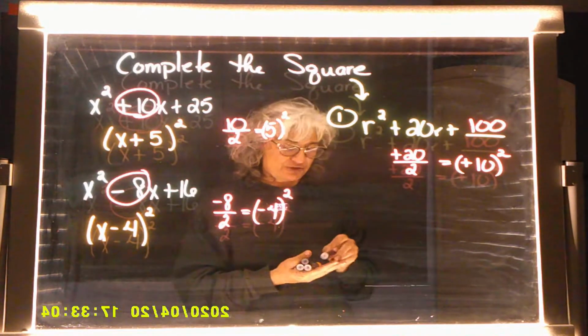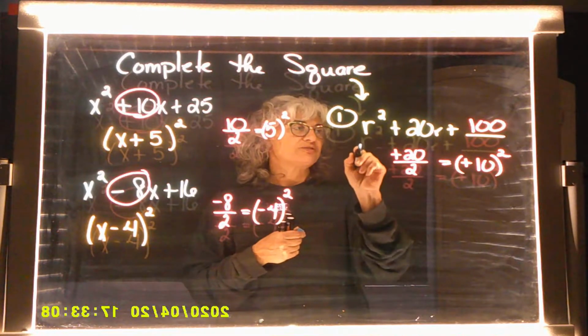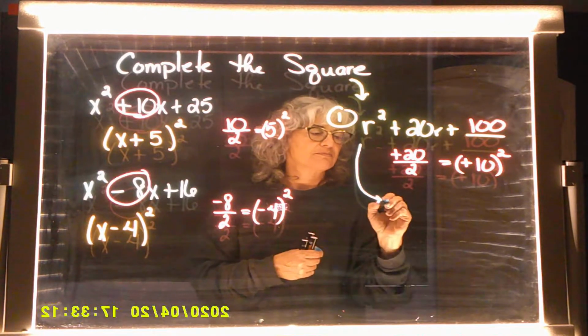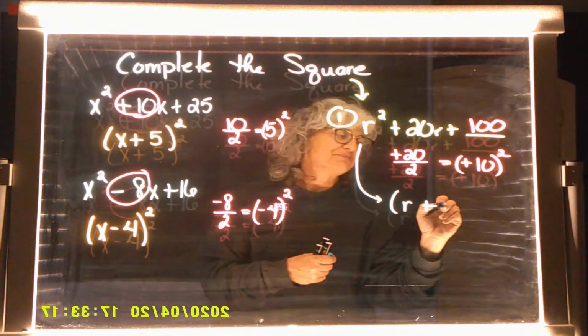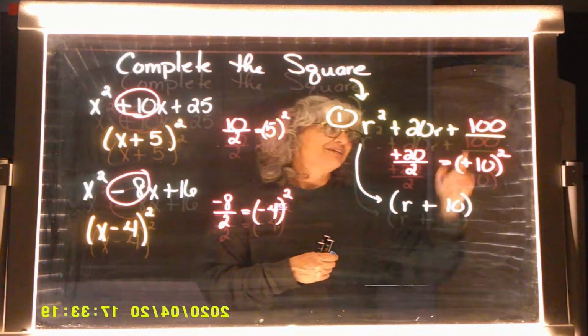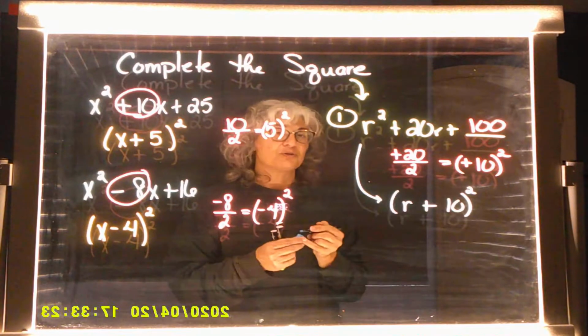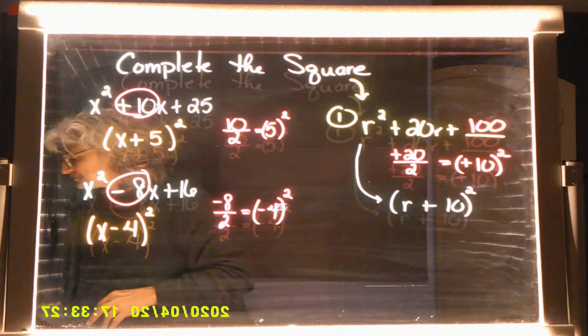If you factored this polynomial, r squared plus 20r plus 100, what would it factor to? R plus 10, because 10 times 10 is 100 and 10 plus 10 is 20, isn't it? Right? Okay, hang in there.